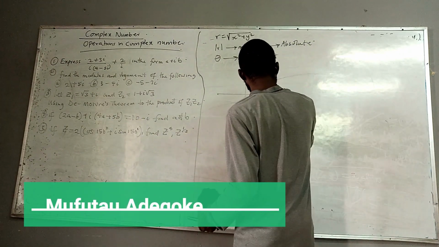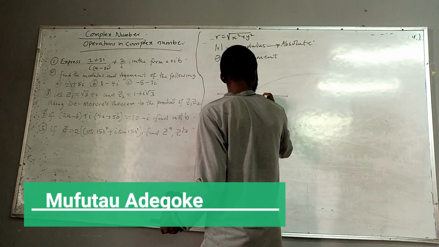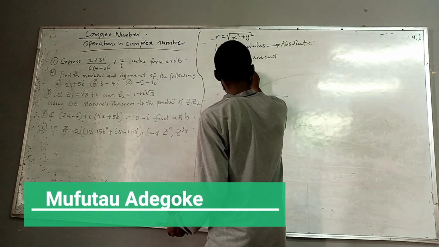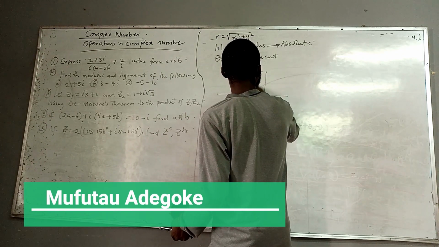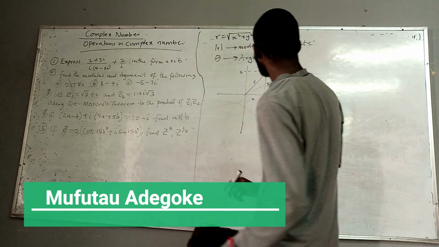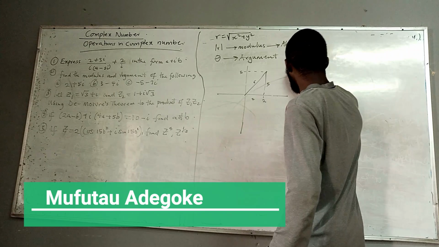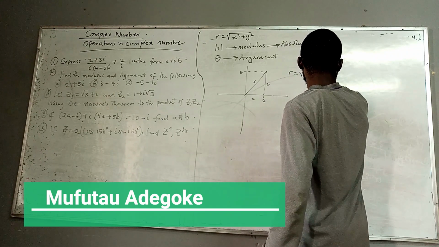My x is 2 and y is 5. If I join them together, this will be my R. Then my modulus, which is my R, will be the square root of 2 squared plus 5 squared.